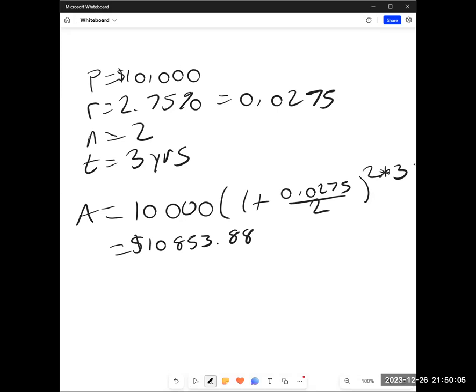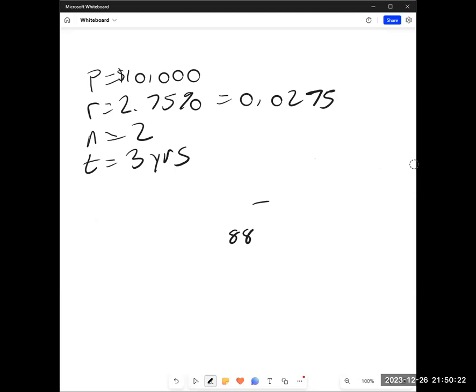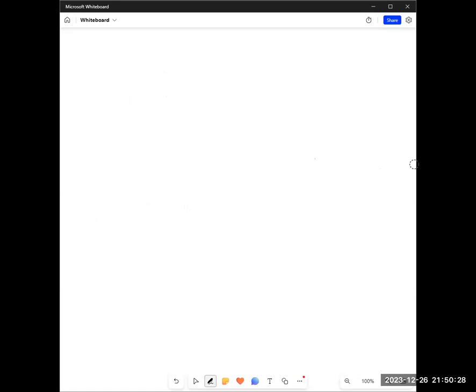It just didn't grow nearly as fast because it only compounded semi-annually instead of monthly, and it had a much lower interest rate. All right, so let's go ahead and look at one more problem here.